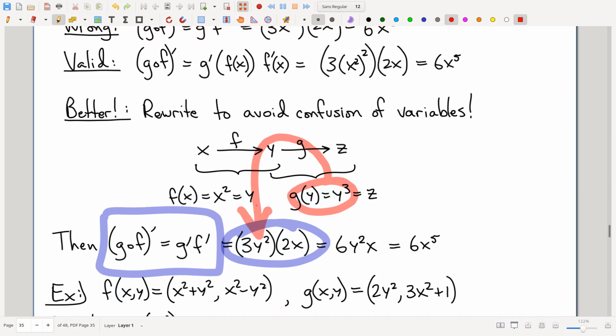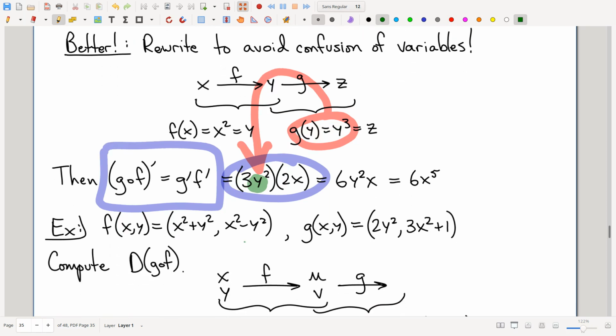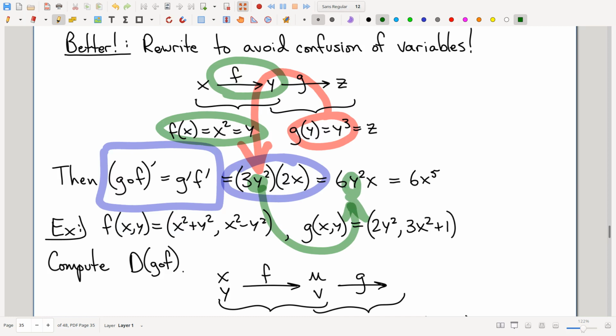And that serves to remind me what this y is, what am I going to do with that y right there? Well, that y needs to be the output value of f. So that's what's going to go there. And then you work out the algebra, and boom, correct answer is 6x to the 5th.